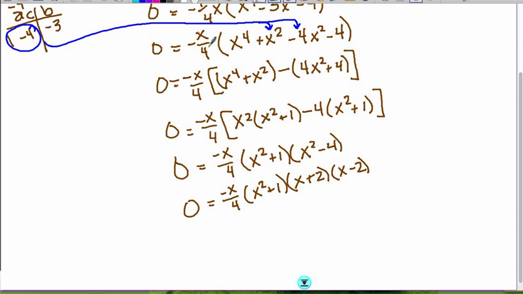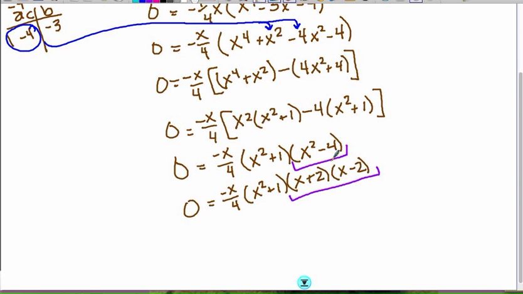Again, if you're not sure how I got from this step to this step, please see me in tutoring and I can explain that to you. You can use the box method to factor that as well and it will work. But the important thing is recognizing that you have a difference of squares. This is a perfect square, that's a perfect square.